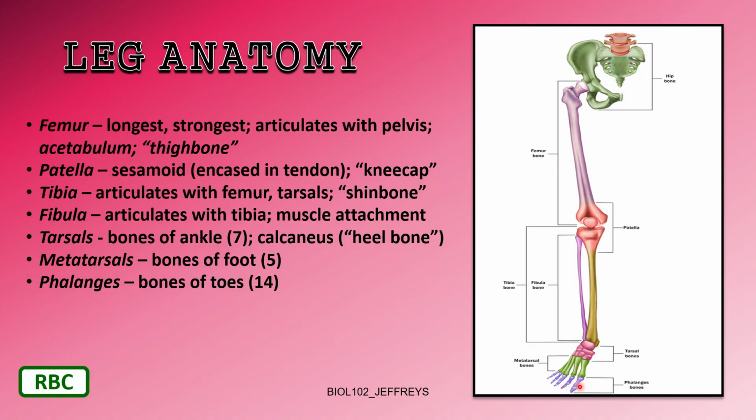And just like in the hand, collectively we call them phalanges, and there are 14 of them. Each toe minus the big toe is composed of 3 phalanges. That's 3 times 4 is 12, and there are 2 phalanges in the big toe. There's your 14.